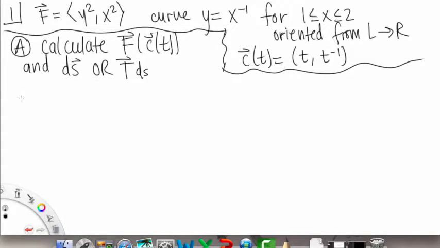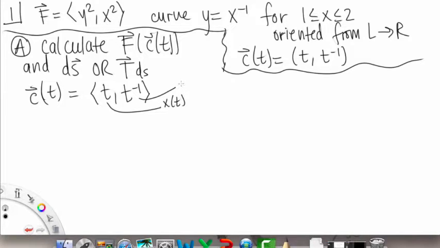So calculate f of c of t. First of all, c of t, as they gave us, is t comma t to the negative 1, where t is our x of t, and t to the negative 1 is our y of t. Those are the little functions within the parameterization.